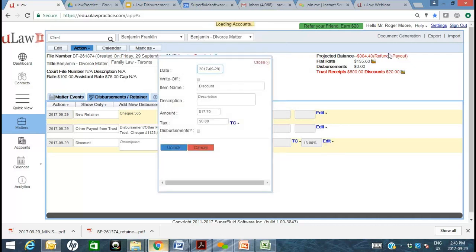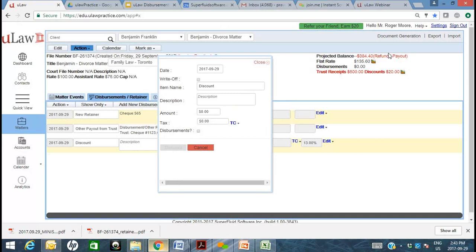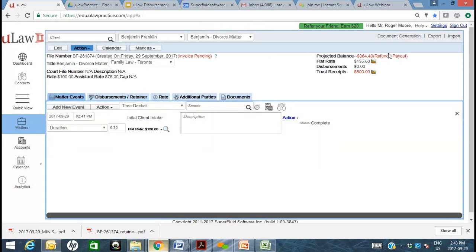I'm just going to edit that item and just unlock it. Okay. All right. So I'm just going to bring it back to that. So that was the first example of providing a disbursement right out of the trust. So here's my example.